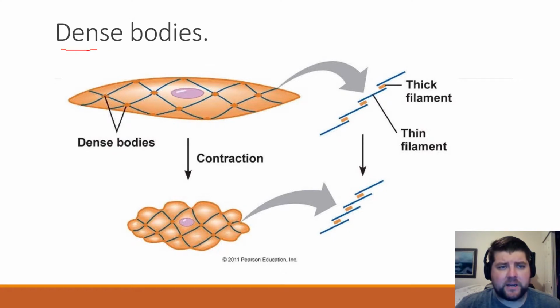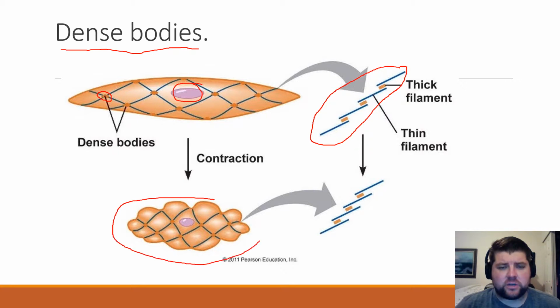We have these dense bodies all throughout the muscle fiber. Here are the nuclei. These dense bodies, such as here, are in a lattice around the muscle cell, and they form in a diagonal way here. As they contract, it almost looks like crenation, as if you think of a cell as it shrinks, and so it pulls together.